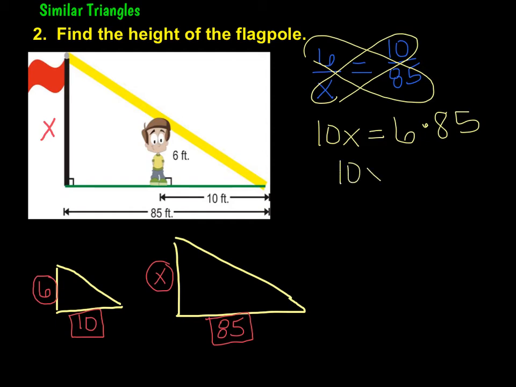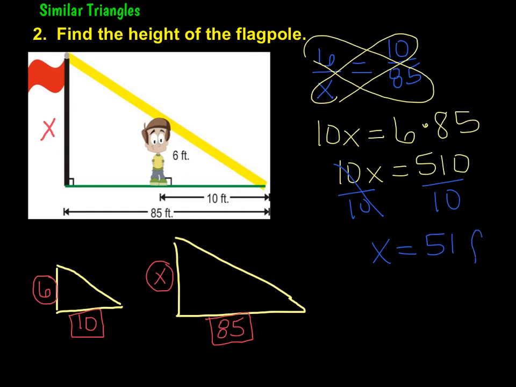So 10x equals 510. Next step, divide both sides by 10. And we end up with whatever 510 divided by 10 is, which is, you guessed it, 51. So the height of the flagpole would be 51 feet.